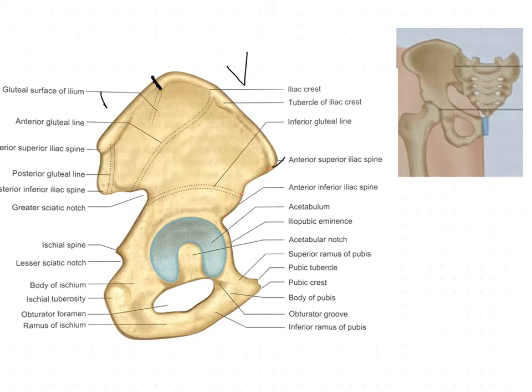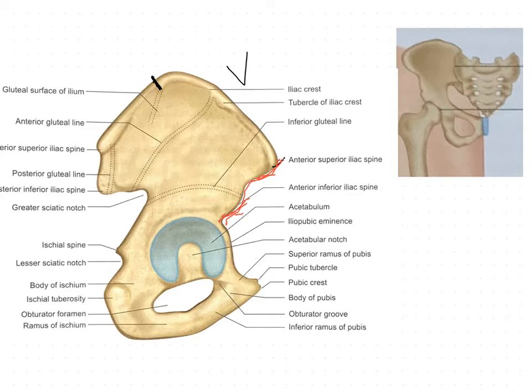So we can follow this along with the bone. Here the border shows a notch-like appearance in the upper part and an elevated area at the lower part, which is called the anterior inferior iliac spine. The lower half of the spine is large, triangular and rough. This is about the anterior border.